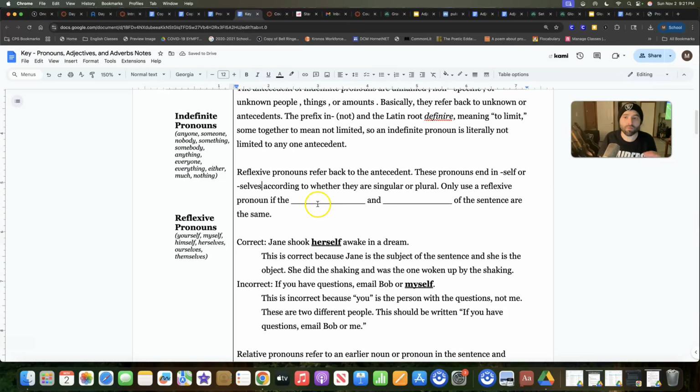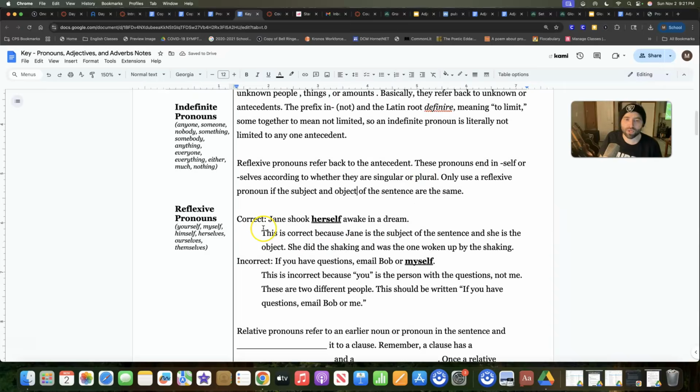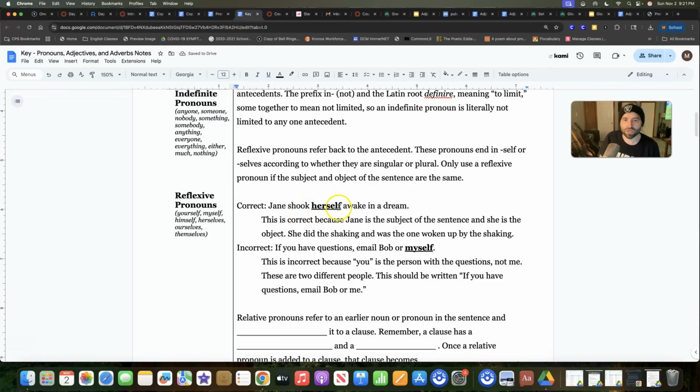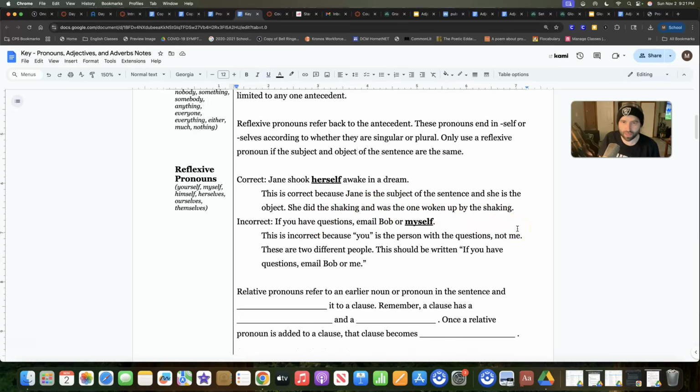You only use a reflexive pronoun if the subject and object of the sentence are the same. So a correct way to use a reflexive pronoun is Jane shook herself awake in a dream. This is correct because Jane is the subject of the sentence and she is also the object of the sentence. She did the shaking and was the one woken up by the shaking.